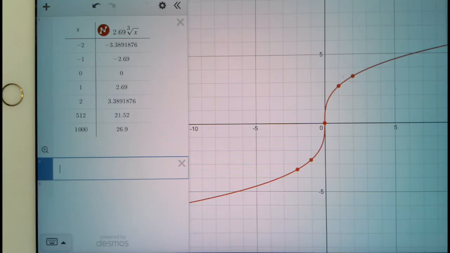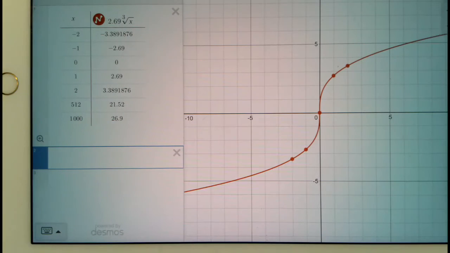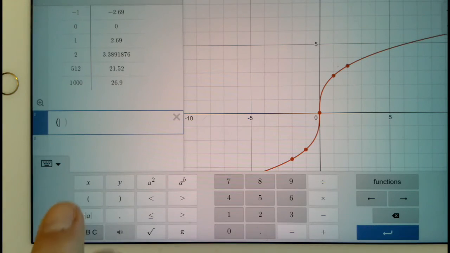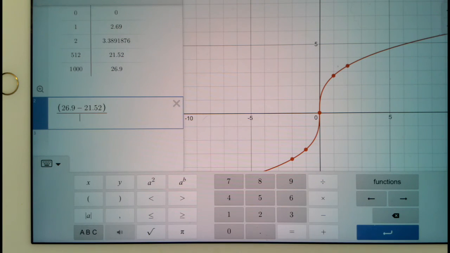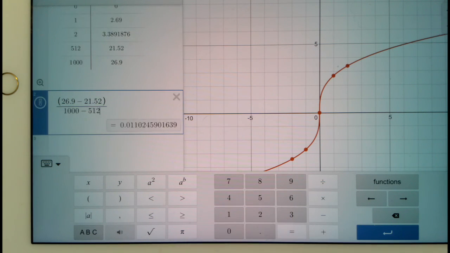But again, when we go down here to this second screen, I'm going to put parentheses in: 26.9 minus 21.52, divided by 1,000 minus 512. And see, we get 0.011 for our answer there.